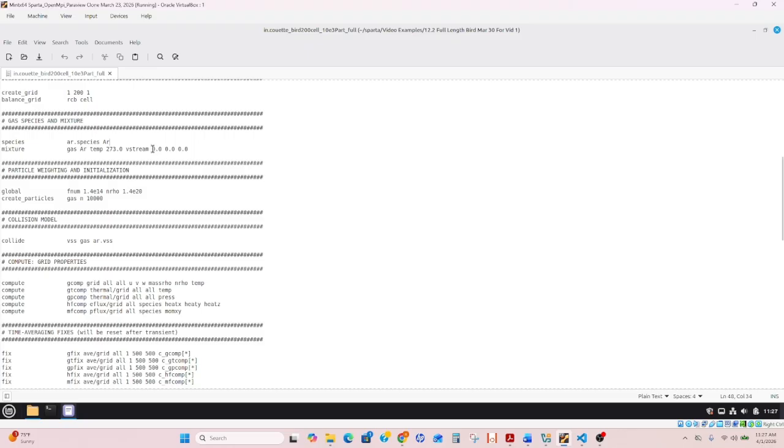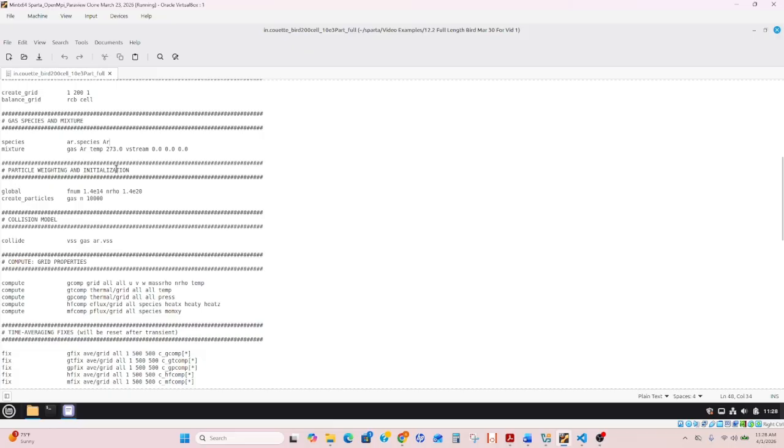If you wanted to start with the gas moving at 300 meters per second, you would change this to 300 meters per second in the x direction, and that would give you that. But like I said earlier, we're doing stationary, so the vstream is initialized at 0. Initializing it stationary, I believe it could be totally left out, but I have it in there.